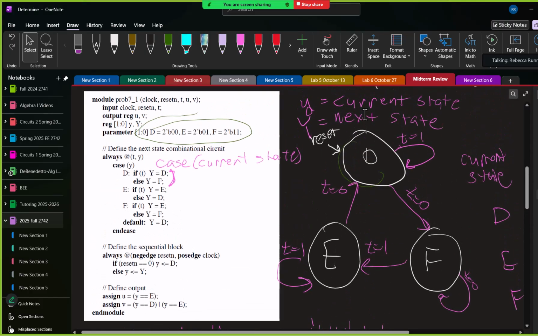So it's based just on our current state, so we can put them in our state diagram.